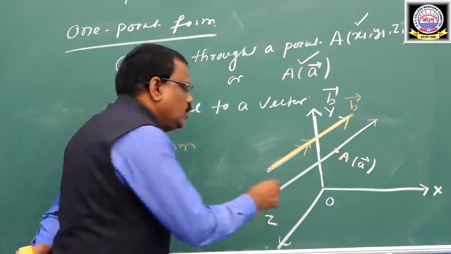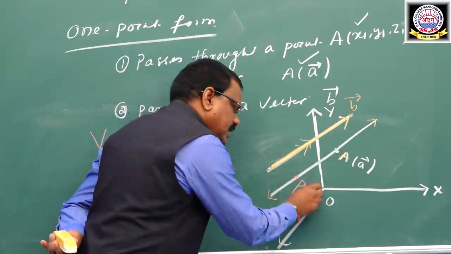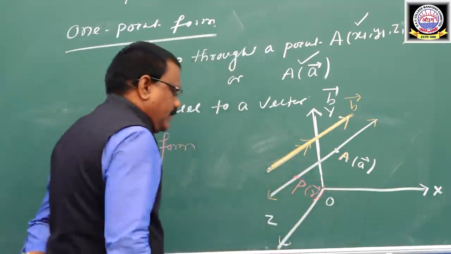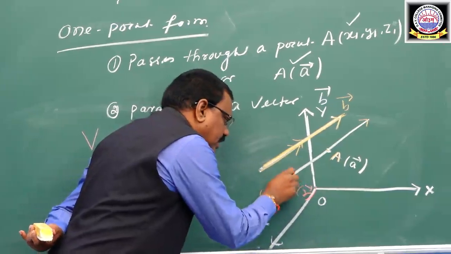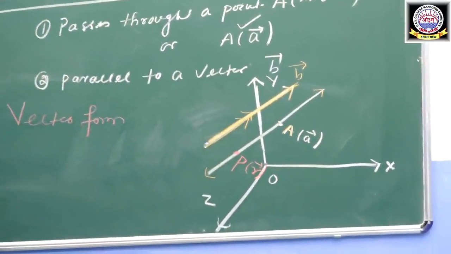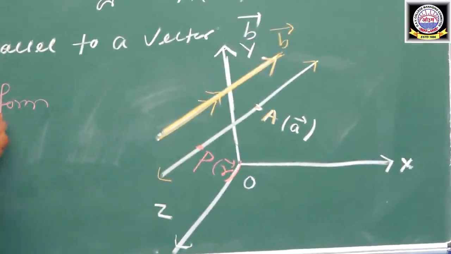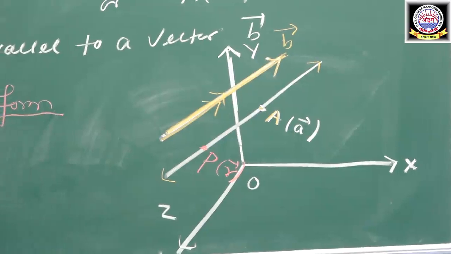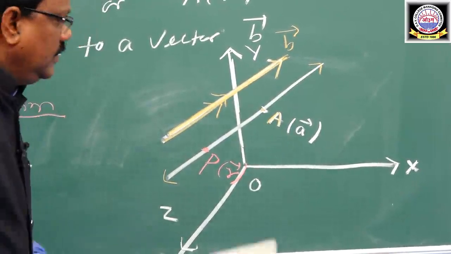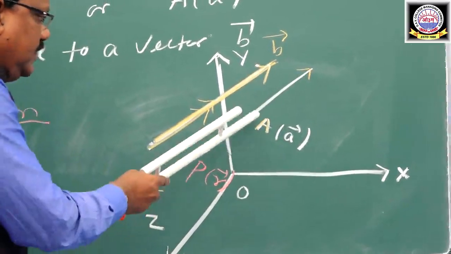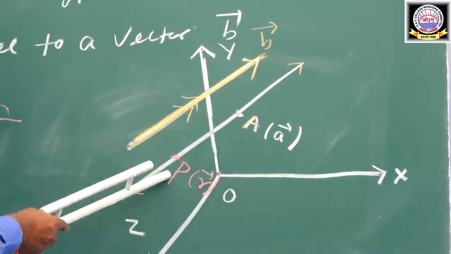So I can choose any point on it, named as a locus point, with position vector R vector. So P is any point on the given line, that is called the locus point. Now I am discussing the vector form of the equation. In this line, this is the particular fixed point through which the line passes, and this is the locus point.